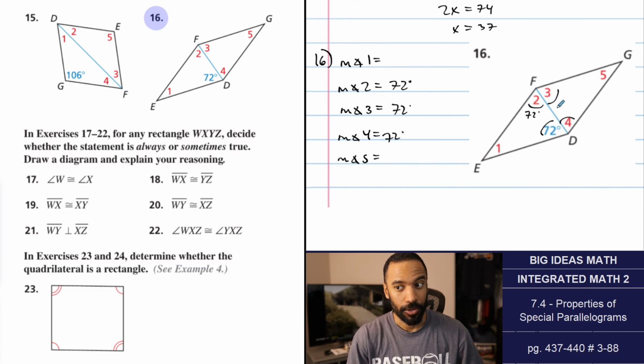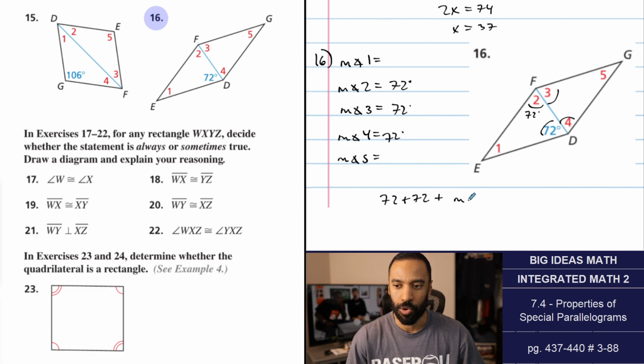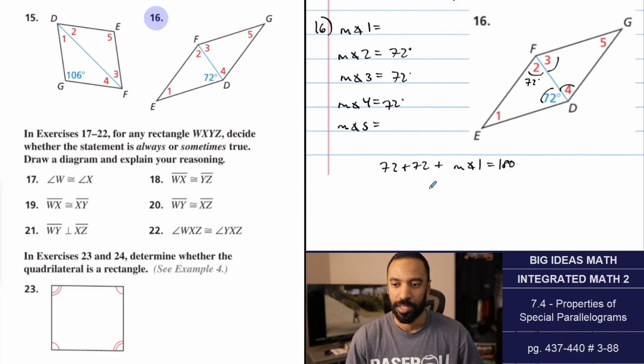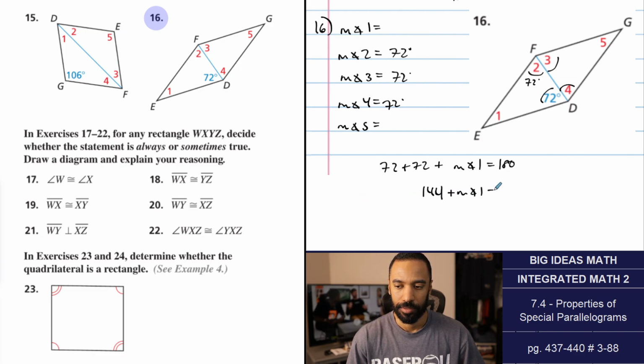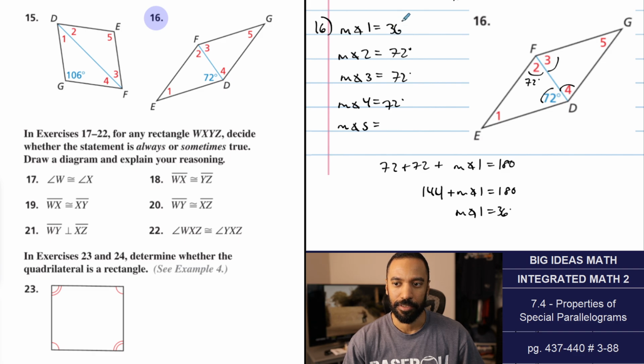Now you're looking within the triangle. You weren't last time, were you? So 72 plus measure of angle 1 is 180, right? We're doubling the 72 for that. That's 144. Therefore, measure of angle 1 is 36 degrees. And so is measure of angle 5. So there's one option. What's the other option?